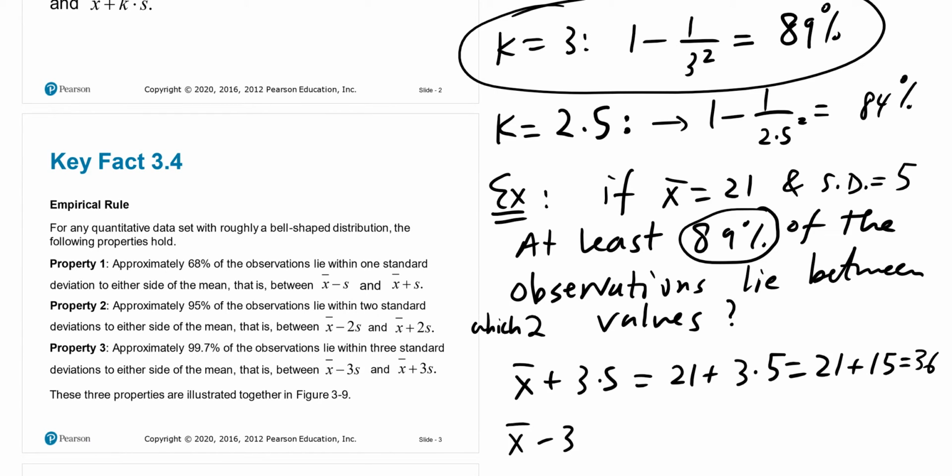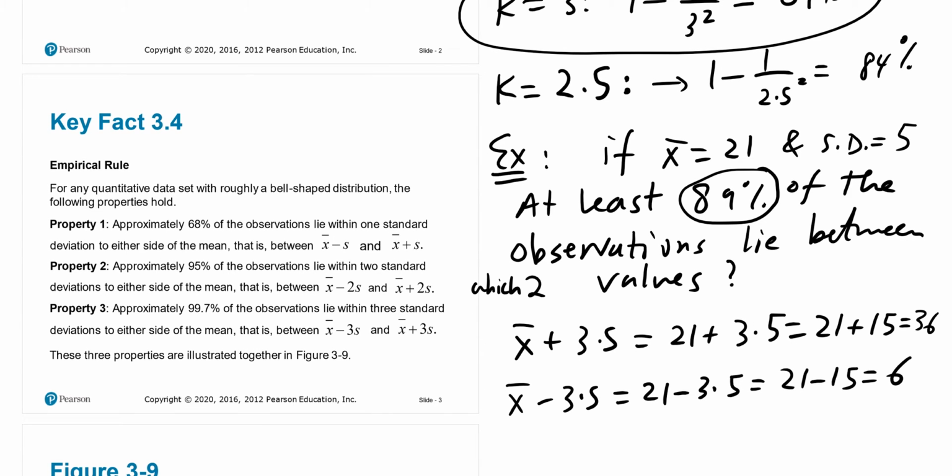And 3 standard deviations below the mean, 21 minus 3 times 5, 21 minus 15, is 6. So the two values are 6 and 36. So based on this mean and standard deviation, at least 89% of the observations will fall between 6 and 36.